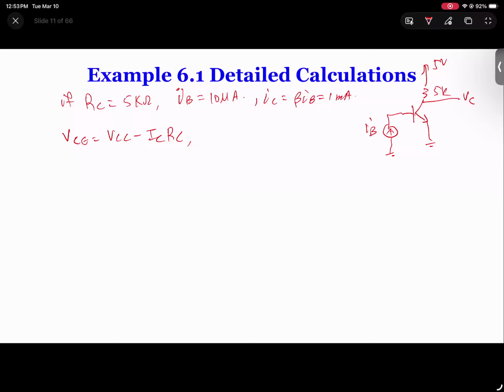So what I'm saying is that VCE is only 0 volts. Do you think it is possible?